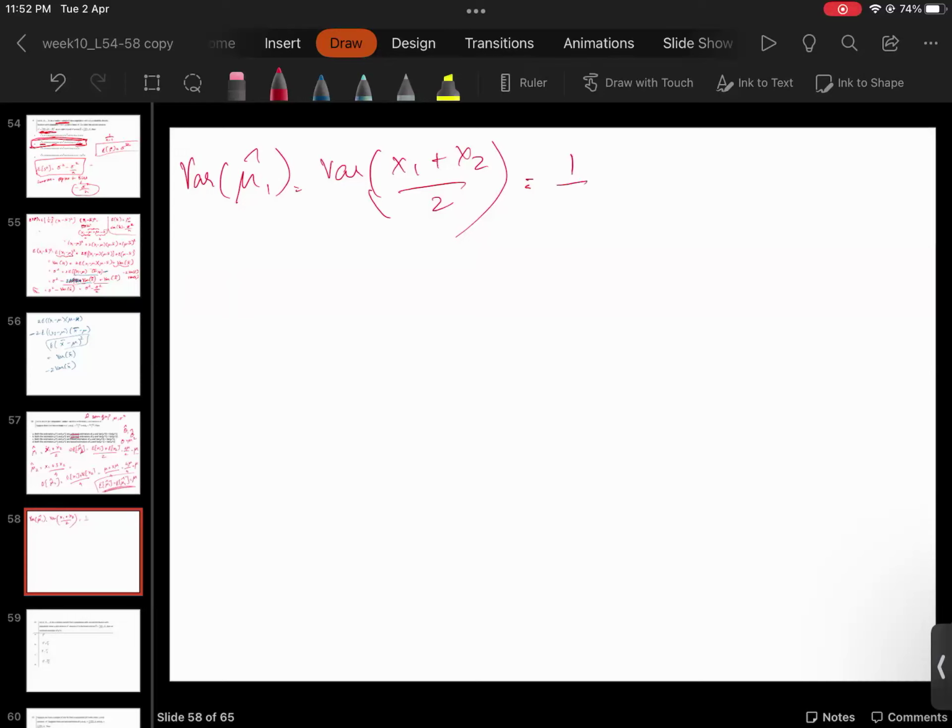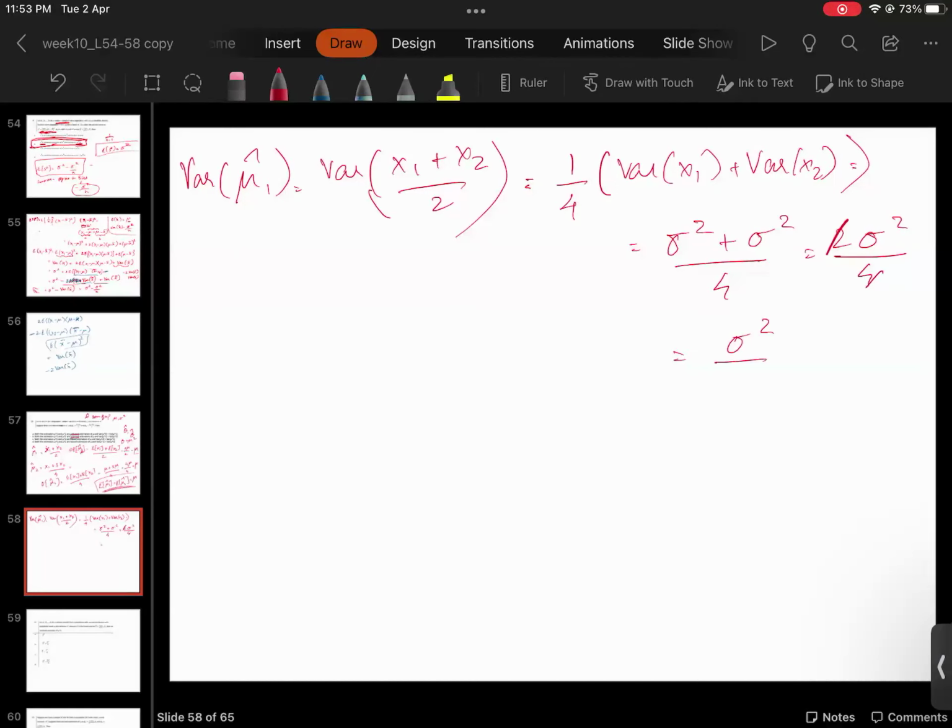So you have 1 by 2 square, so 1 by 4, variance of x1 plus variance of x2. So you will have (sigma square plus sigma square) by 4, which is 2 sigma square by 4, which is sigma square by 2. So variance of mu1 hat is equal to sigma square by 2.